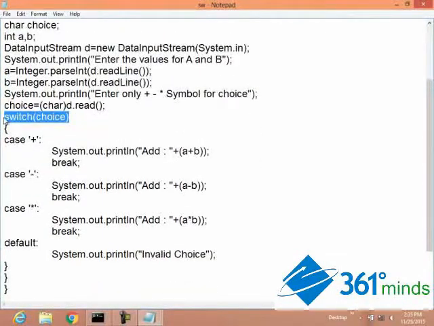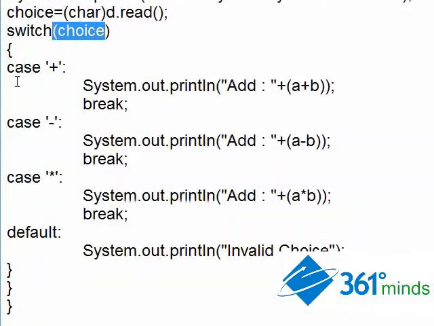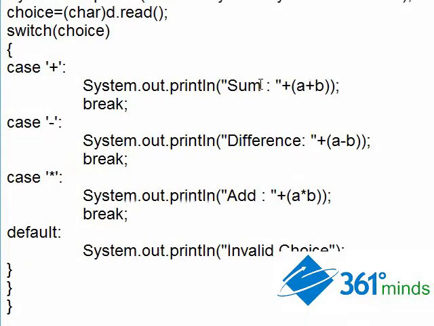The first case under the variable choice is the case plus, and in that I write System.out.println add a plus b, and in the second case, which is minus, I type it as the difference, and instead of saying add, I can even write sum.